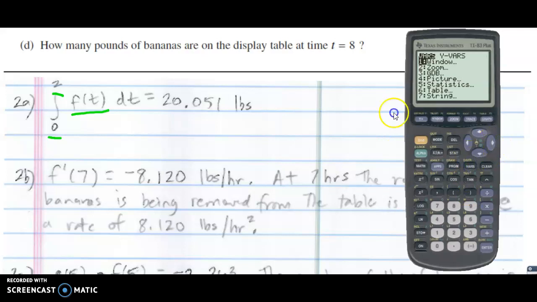My removal rate is in y1. Some of you have shortcuts. Make sure you are familiar with shortcuts if you have them. If not, you just do it this way. It's perfectly fine. In terms of x, from 0 to 2, and I get 20.051 pounds. So remember, we were accumulating bananas, so now they're going to be in pounds.